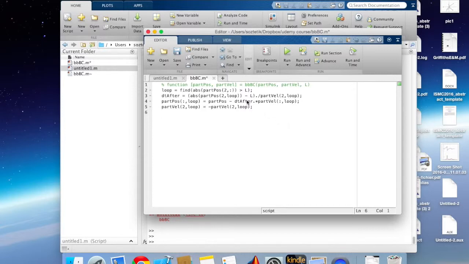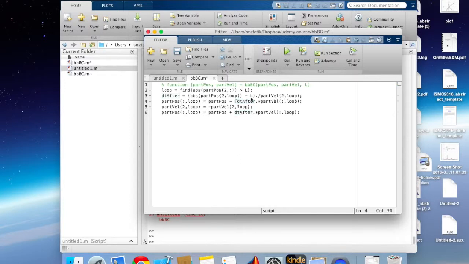Now we need to move them just this much. Here's a tiny problem.